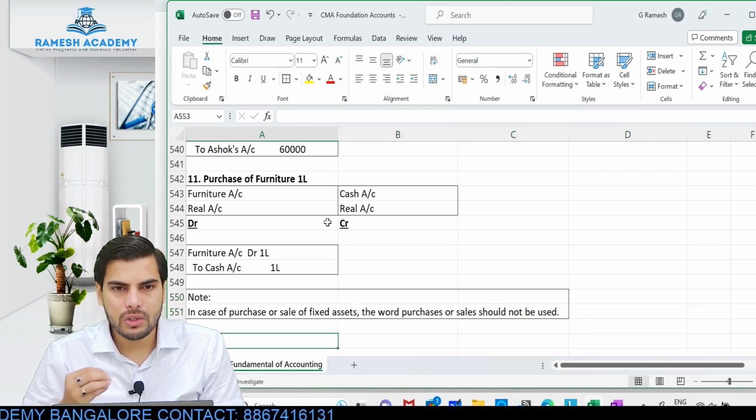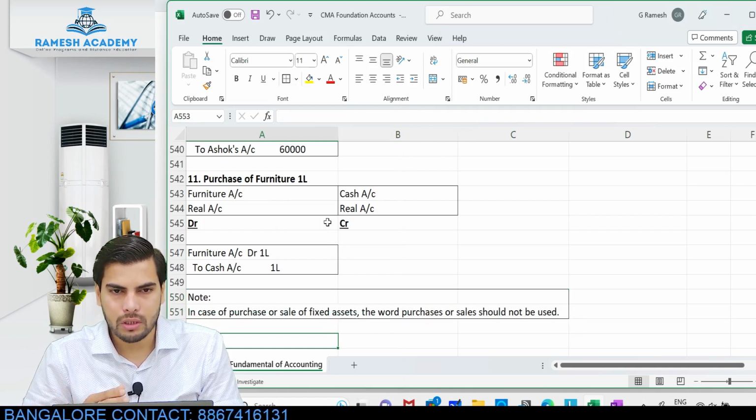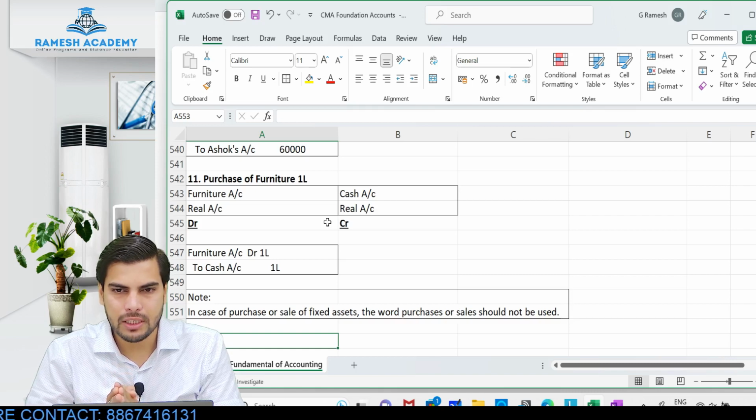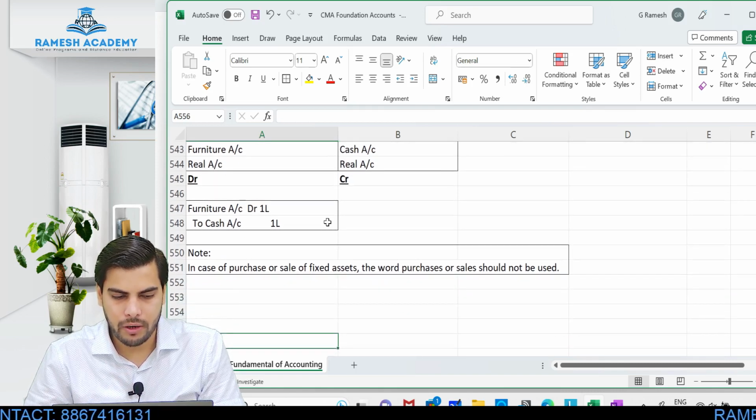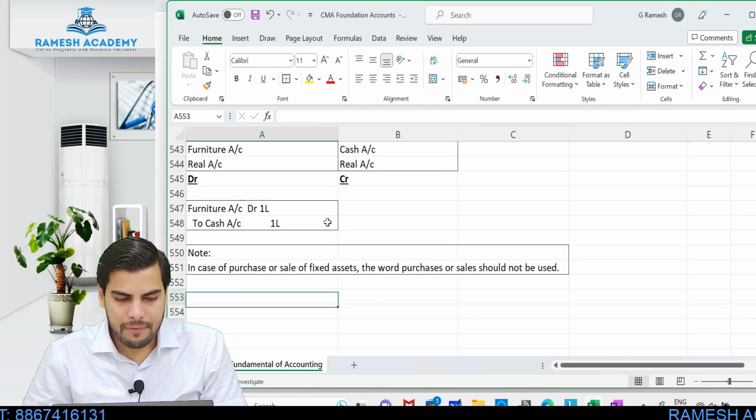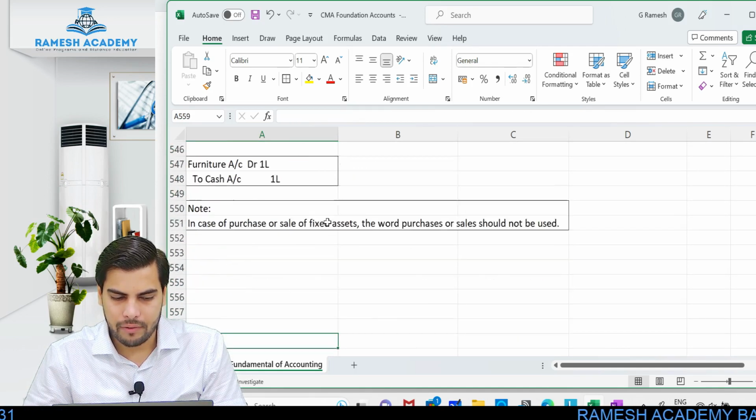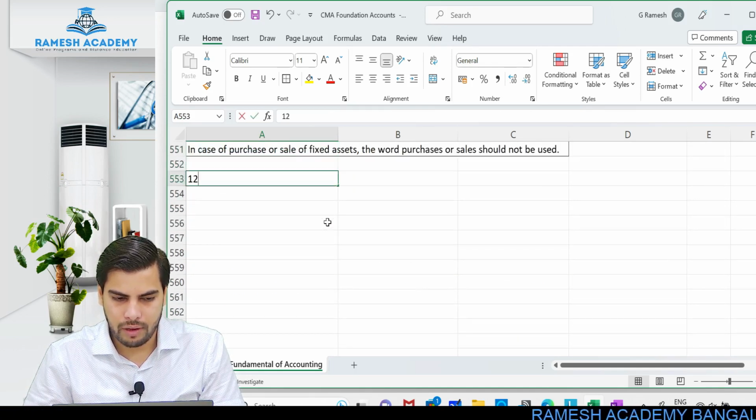Whenever I purchase or sell a fixed asset, I am not supposed to use the term purchases or sales. Rather, I need to give effect to the concerned fixed asset. Remember this point. Okay, let's have a look at the next transaction. So far we are done with how many? Yeah, 11 transactions. Let's have a look at this 12th transaction.